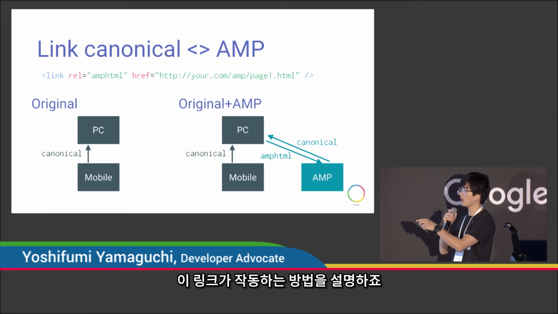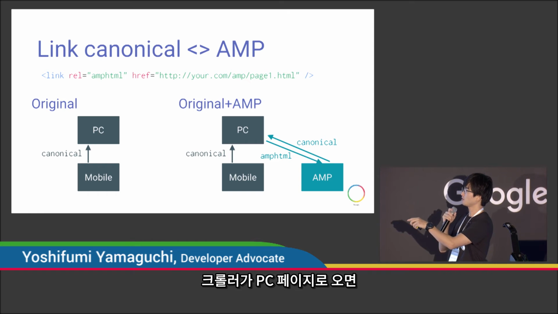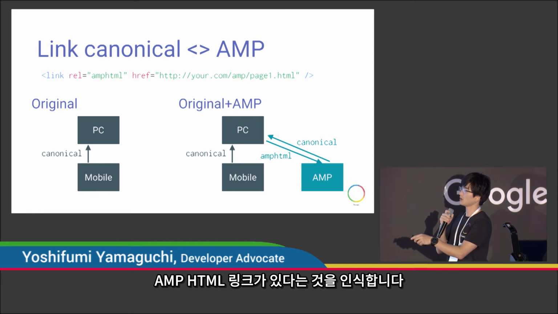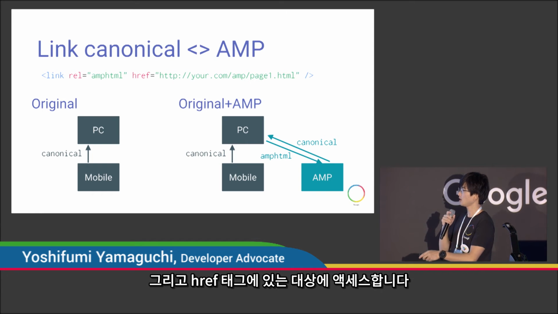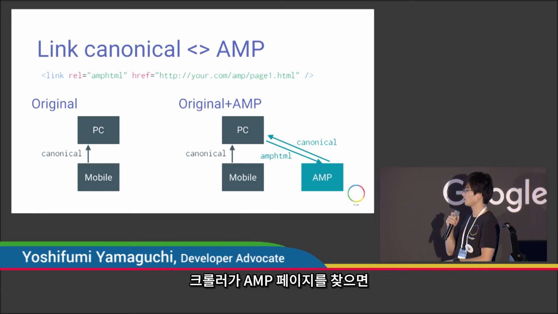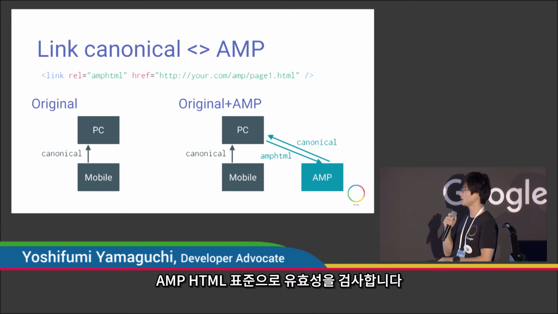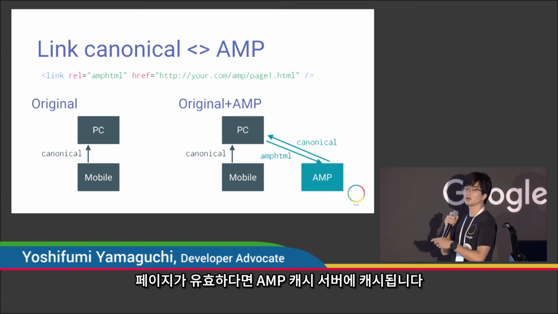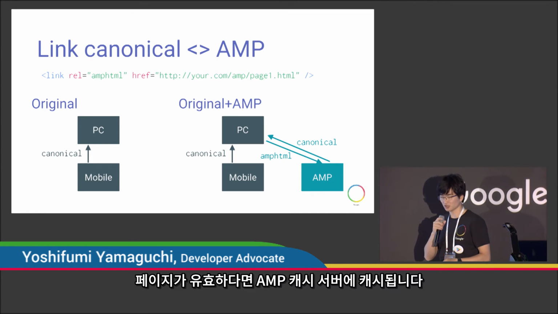So how it works is that if the crawler comes to the PC page, the crawler realizes this AMP HTML link, then tries to access the href target here. Then the crawler finds the AMP page and validates it against the AMP HTML spec. If it's valid, then these pages will be cached on the AMP cache server.